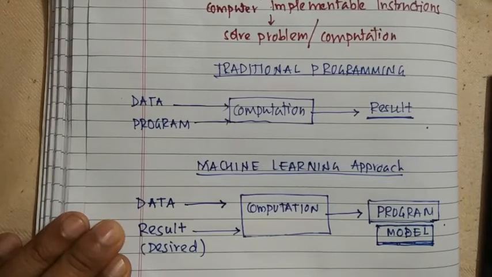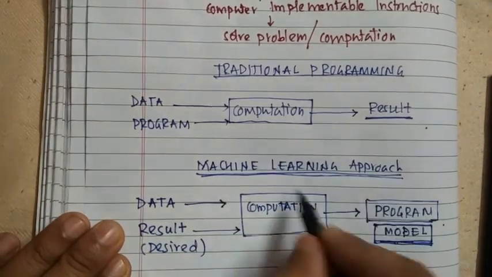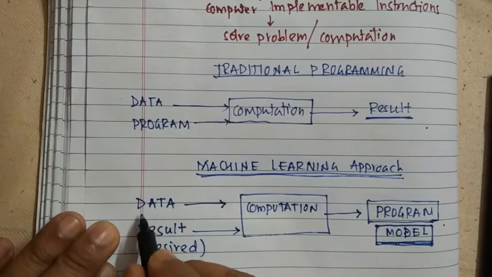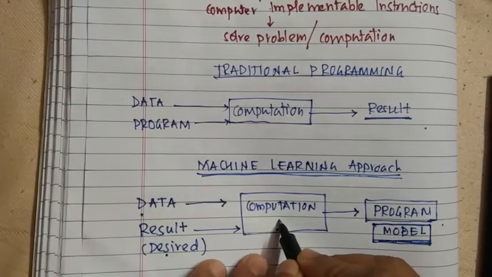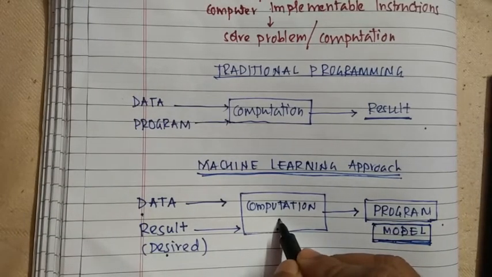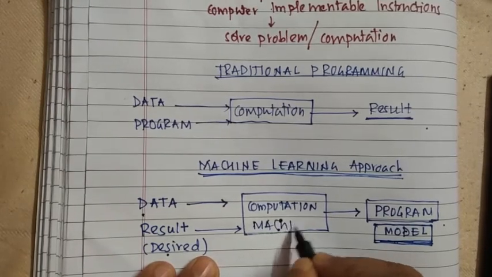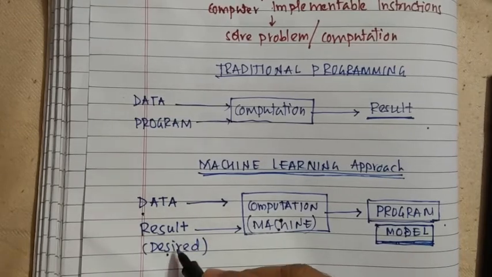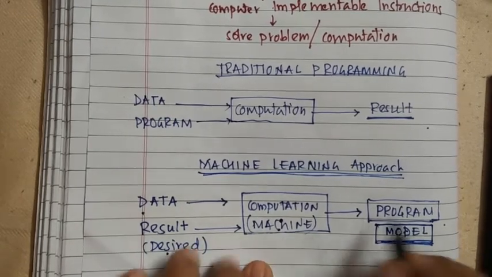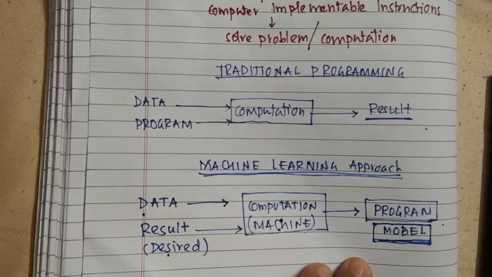This is how the machine learning approach works. We provide data and the results we want, so the machine learns through this data and the results and creates a program or a model.